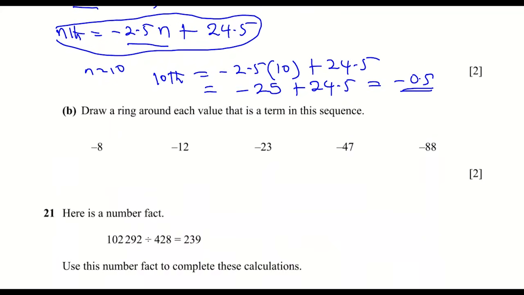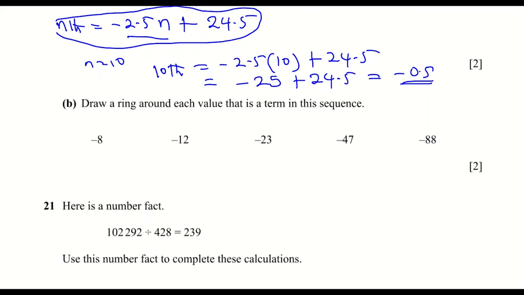Part B. Draw a ring around each value that is a term in this sequence. So you can still make use of the nth term. Don't forget, the nth term equals minus 2.5n plus 24.5. If each of these is a term in this sequence, the position should be a whole number. So let me show you which one.